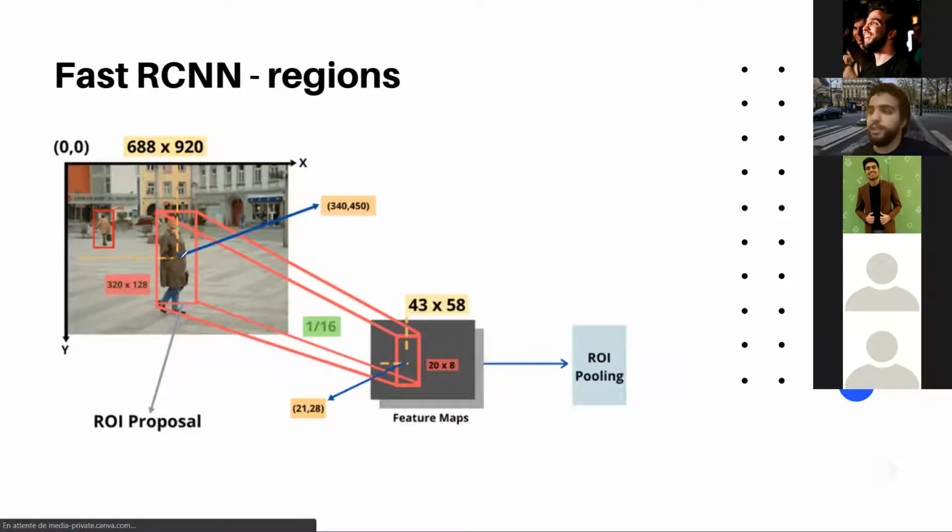The calculation is pretty simple. We take the center of the object and divide it by the scale, or the stride. Basically, this is the size of the original image compared to the size of the feature map. The feature map is usually much smaller than the original image, and in our case, it is 16 times smaller.